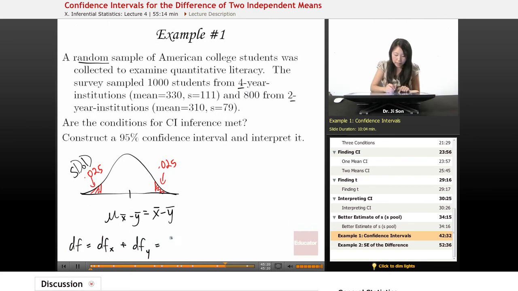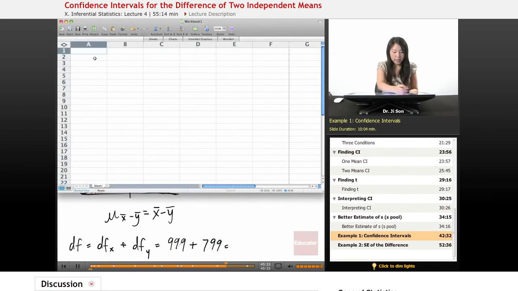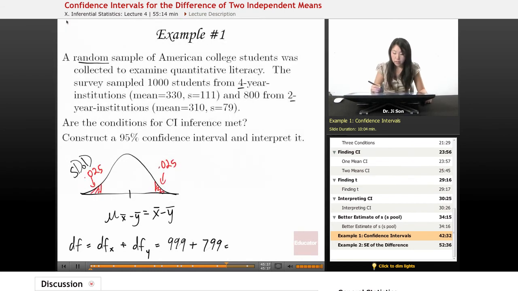And so that's going to be 999 plus 799, right? And so it's going to be 1,800 minus 2, so that's 1,798. Okay, so we have quite a large degrees of freedom, right?